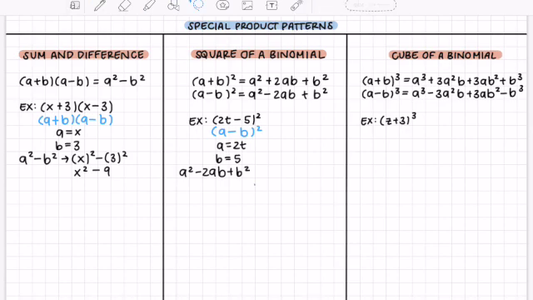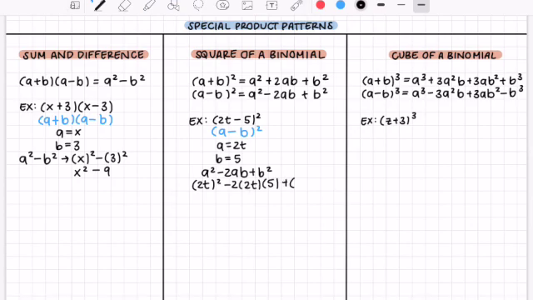And when I use that second part of the equation, I just have to substitute my a value and b value into the equation. So I get 2t squared minus 2 times 2t times 5 plus 5 to the power of 2.